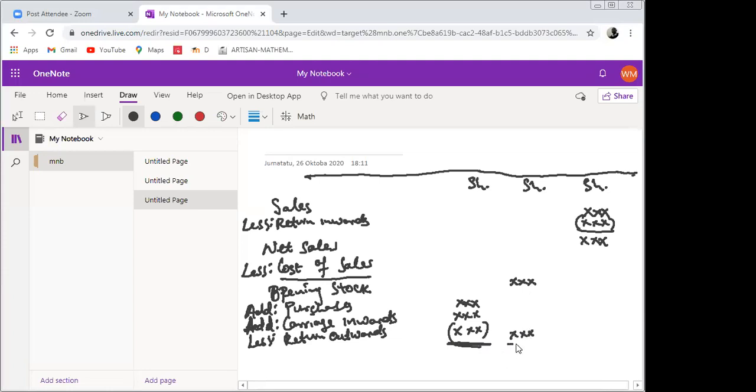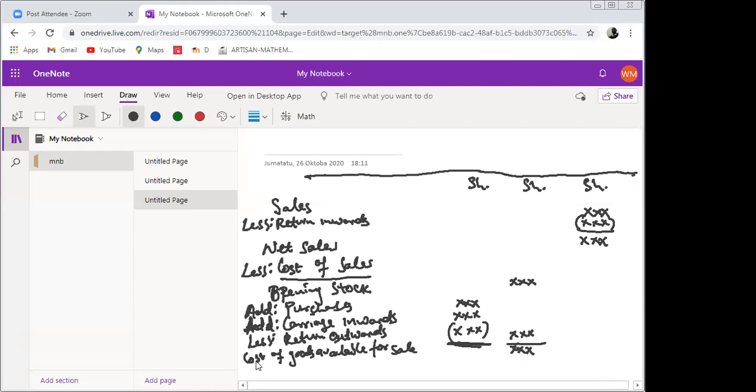Then you add the value of the opening stock plus the value of the purchases, which will give you the cost of goods available for sale. That is the opening stock plus what you have purchased.